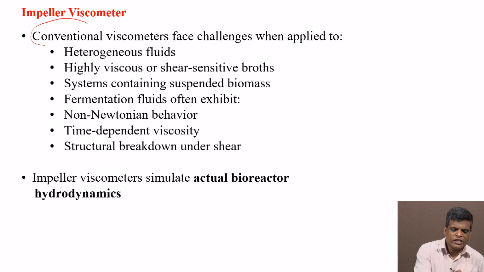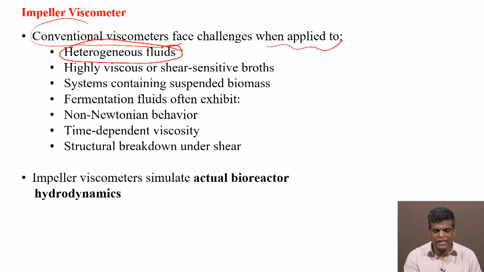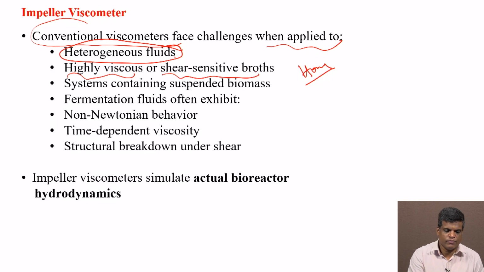Of course, conventional viscometers face challenges when applied to heterogeneous fluids. It is very difficult to use them, because the assumptions we discussed first were homogeneous or only slightly heterogeneous. But if the fluid is heterogeneous, it is very difficult to use a conventional viscometer. If it is a highly viscous or shear sensitive broth, we cannot use it, so we have to go for the impeller viscometer. Systems containing suspended biomass are also very difficult.